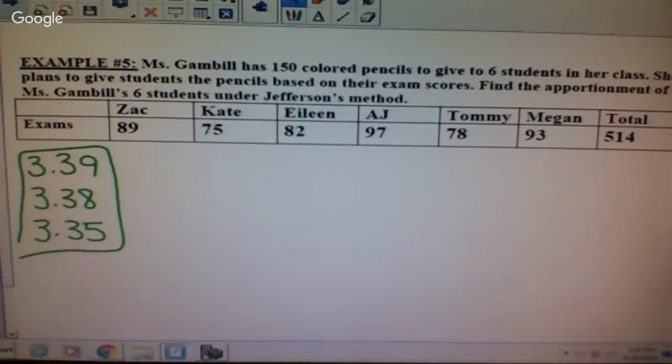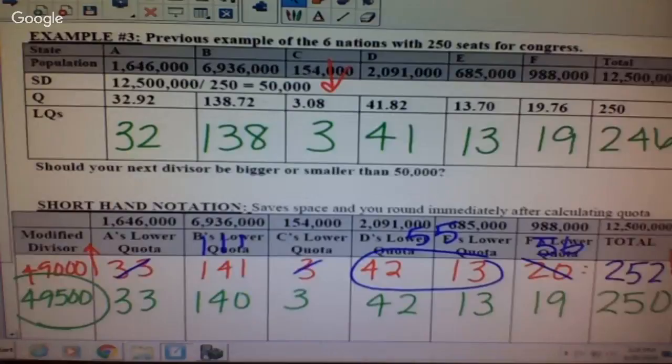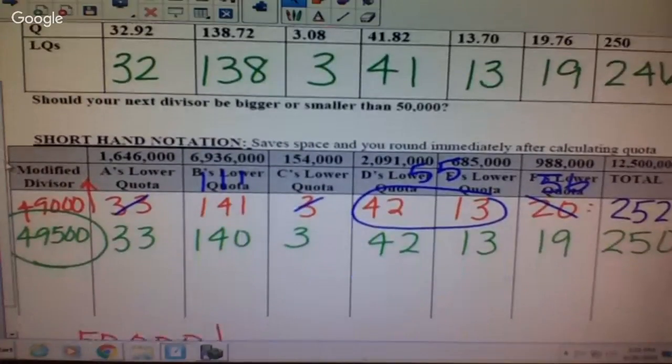Okay, I have one more thing I want to talk about. You don't even have to write anything down. I just need you to focus up here for a minute. Everybody up here, and we're finished.